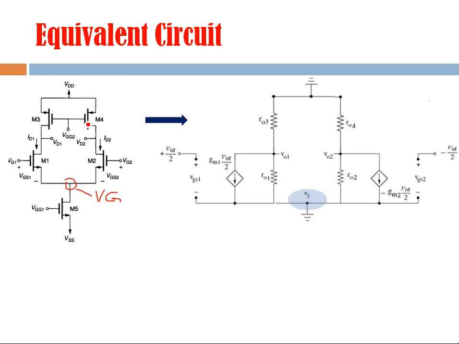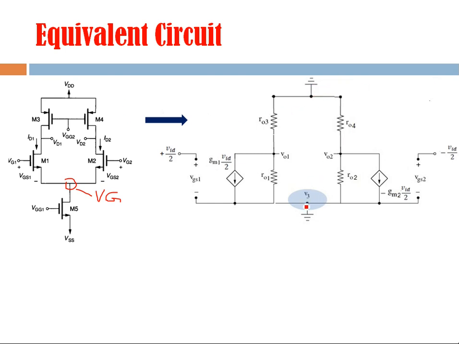So the equivalent circuit is something like this. You can see this device is replaced by its equivalent circuit here, and this device is also replaced by its equivalent circuit here. This M3 is a current source, so it is replaced by its output resistance, and in the same way M4 is a constant current source, and it is also replaced by its output resistance. And VDD is grounded because we are talking about the AC analysis.